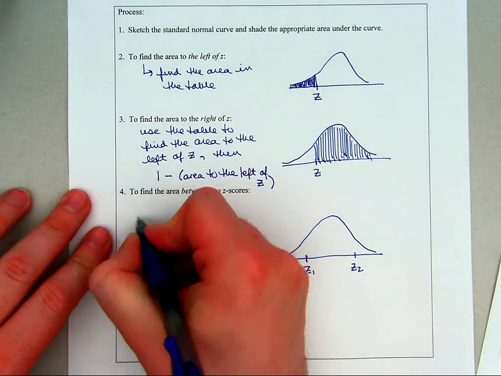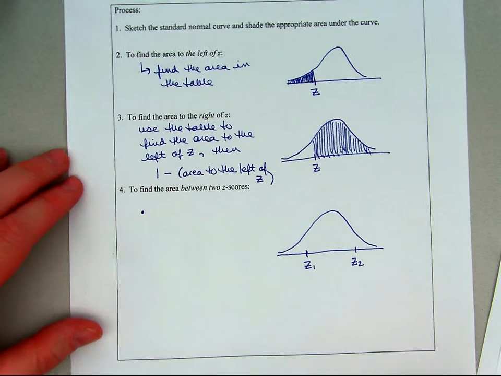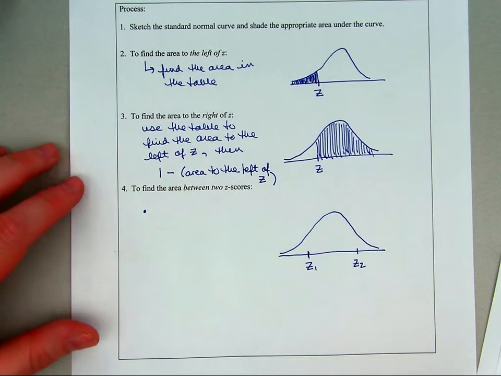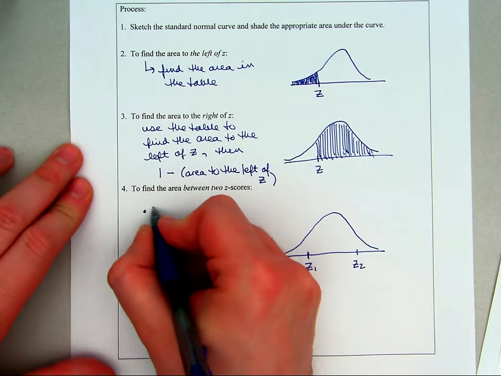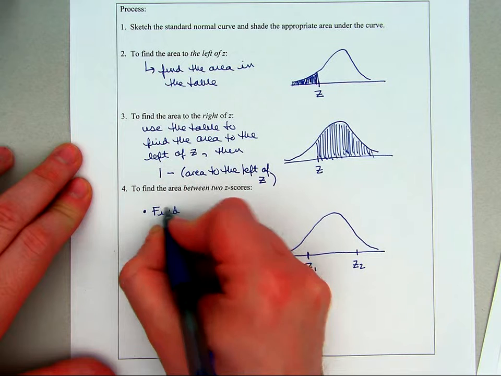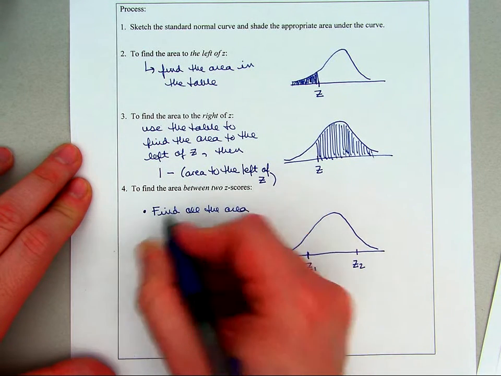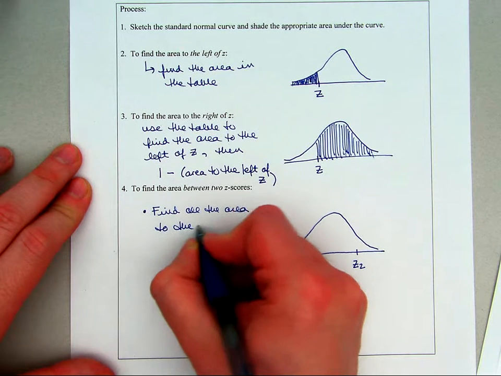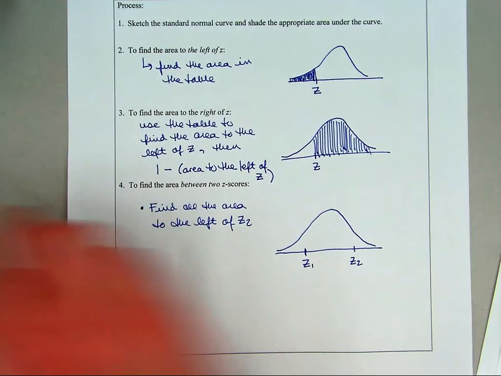The first thing I'm going to do, because keep in mind, the table just tells us the area to the left of a specific value, is find all the area to the left of z2, and I'll just get that value straight from my table.